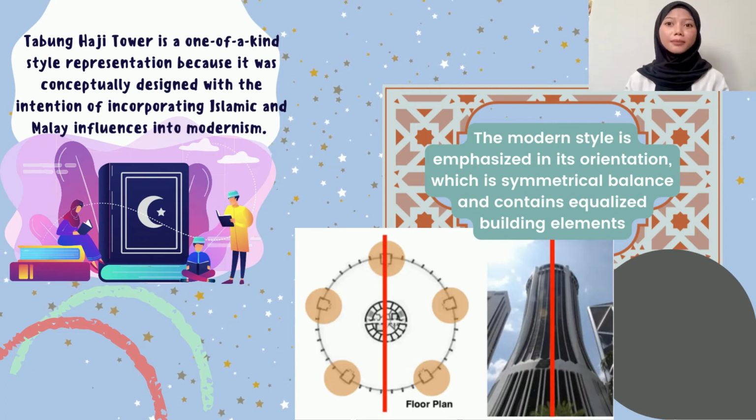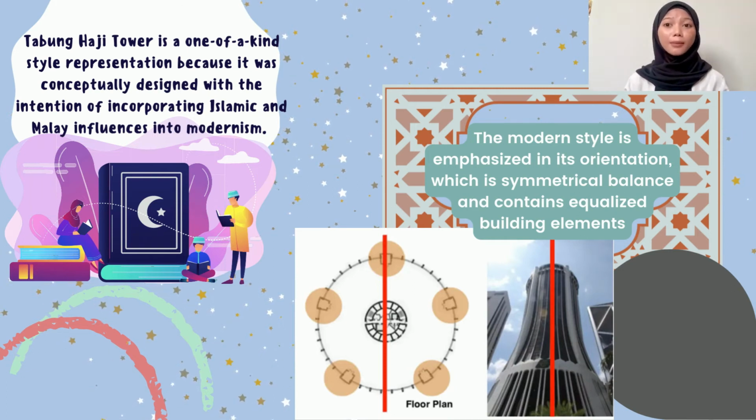Okay, another example of the application of the hyperbola is Tabung Haji Tower. Tabung Haji Tower is a one-of-a-kind style representation because it was conceptually designed with the intention of incorporating Islamic and Malay influence into modernism. Modern style is emphasized in its orientation, which has symmetrical balance and contains equalized building elements.